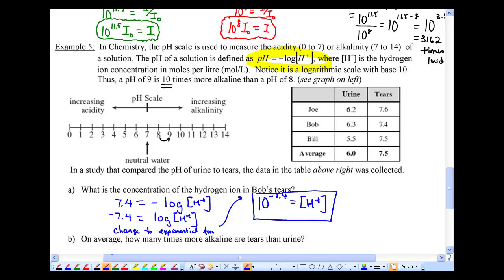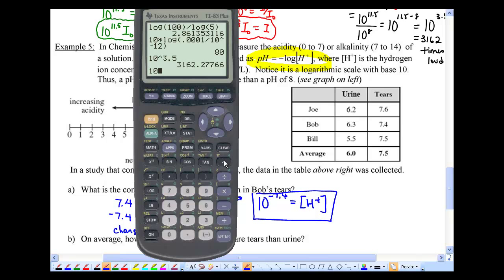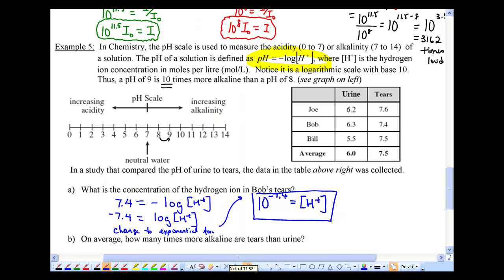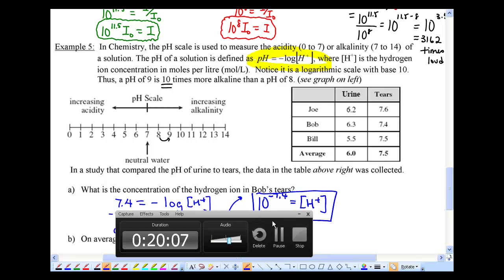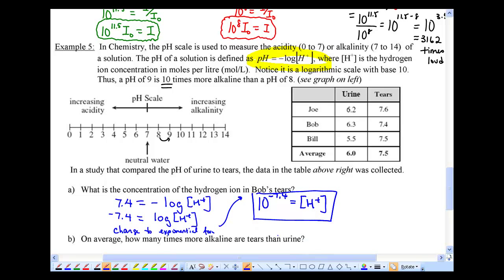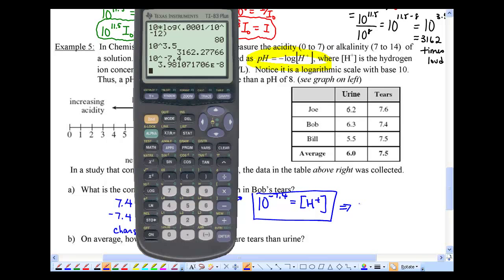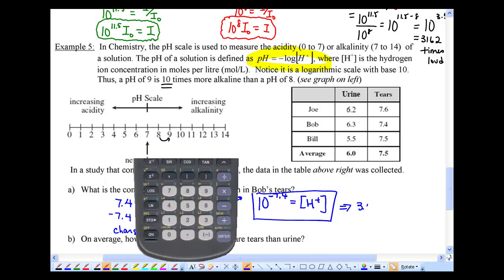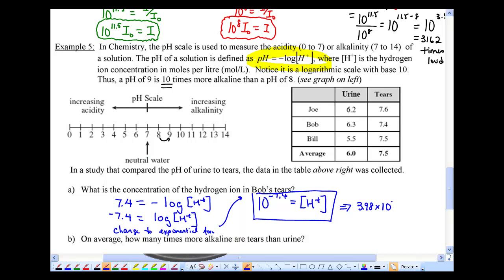If you want to calculate what that is, you can. 10 to the power of negative 7.4 is equal to, I think, on the calculator, 3.98 times 10 to the power of negative 8. And that'd be moles per liter.